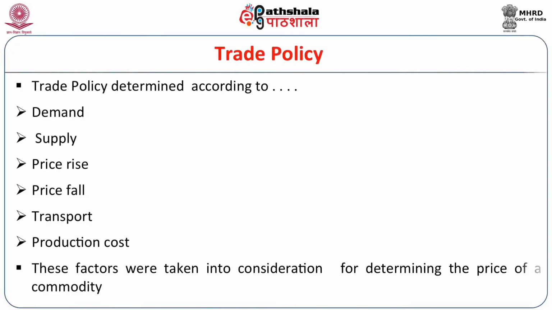So, how far demand was there, how much supply was there in the market, whether the commodities' prices fell or went up, whether transport facilities were there, how much the production cost was. All these factors were taken into consideration so that trade policy could be successfully determined.